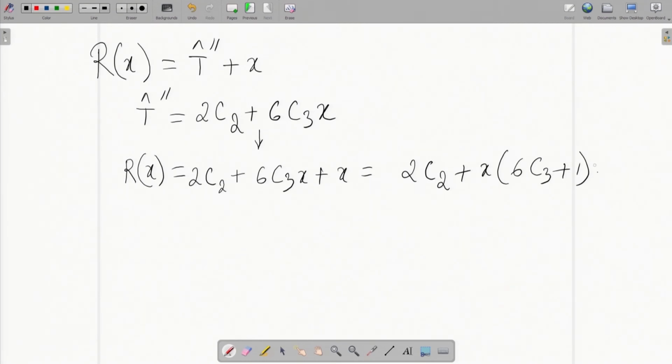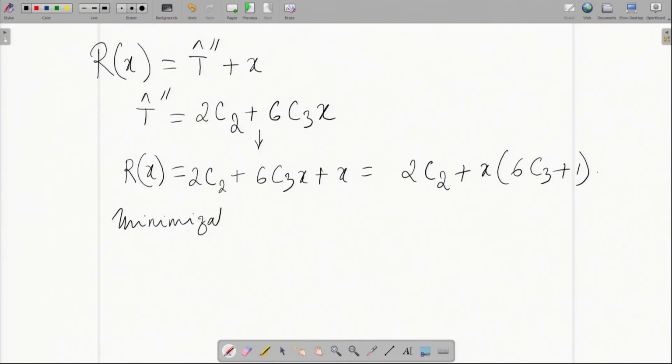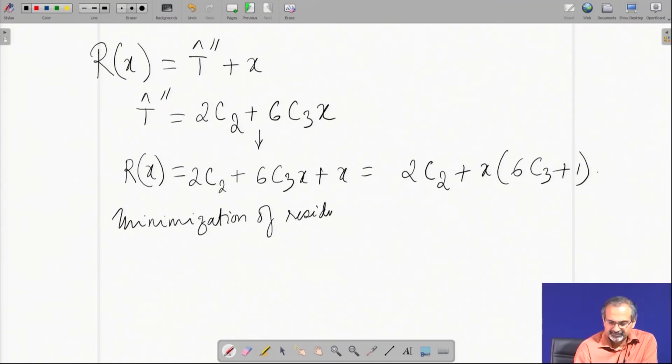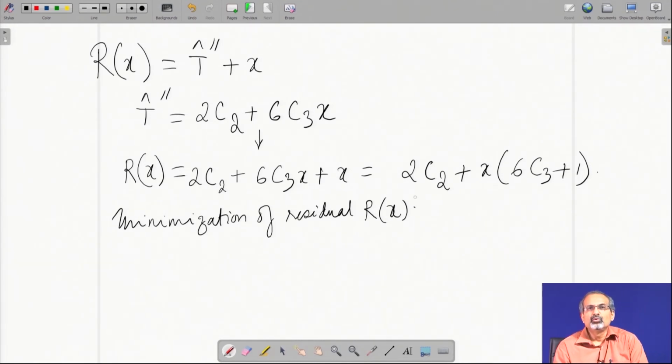Once you have an expression for the residual, you are ready for the minimization problem. And we have two weighting functions, and therefore, you would write two equations in the form of integrals for minimizing the residual.